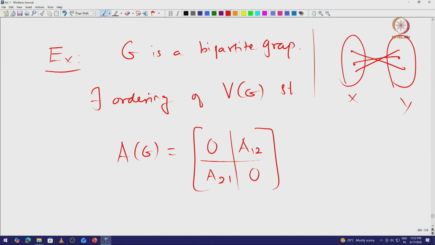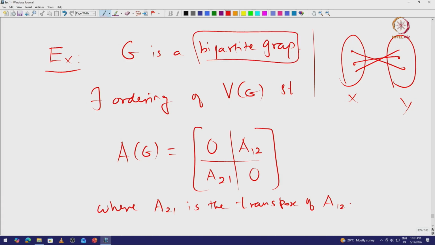That is what corresponds to the diagonal blocks, and these opposite ones are just transposes of each other, where A21 is the transpose of A12. Such information one can get immediately by understanding the graph structure.